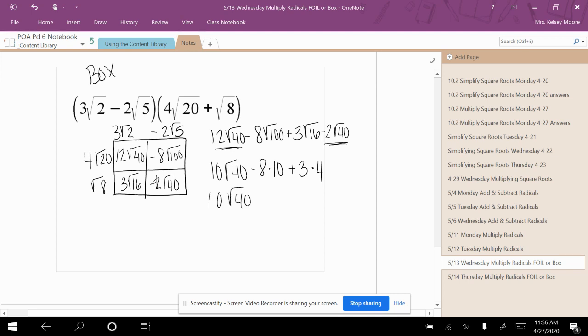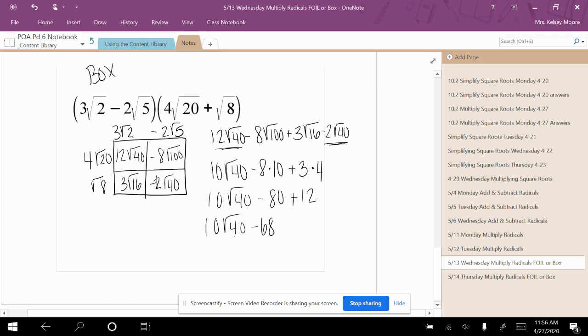So we've got 80 and 12. Combine those together. This is a long problem. And you get 68.